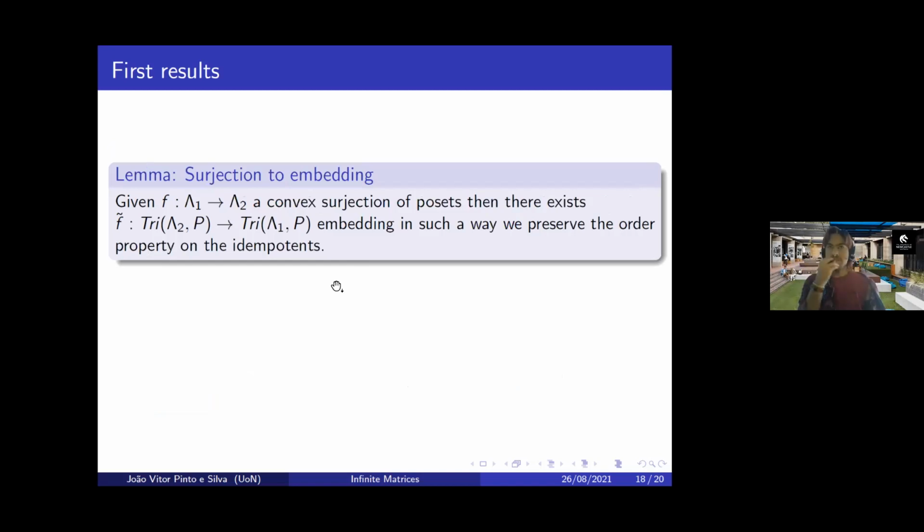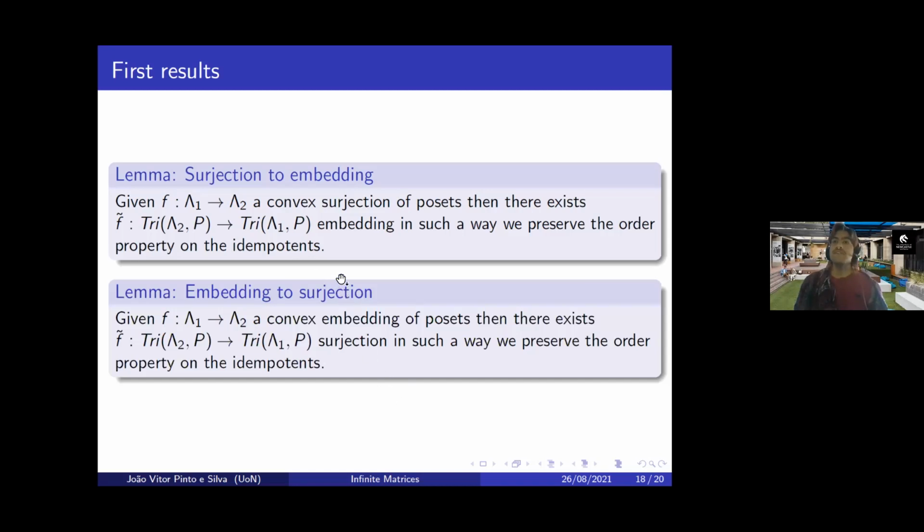And the first result that I got, this one Stefan already saw, but given a convex surjection F between posets, we can make a function from tri lambda 2 p to tri lambda 1 p that will be an embedding in such a way that we preserve the order property on the idempotents. So we still have all this structure that can be translated to the idempotents.